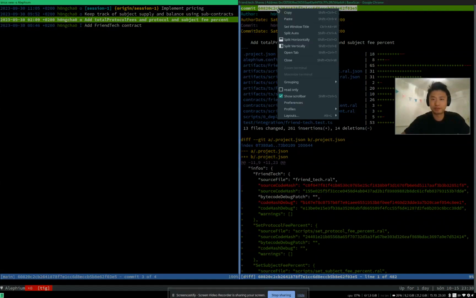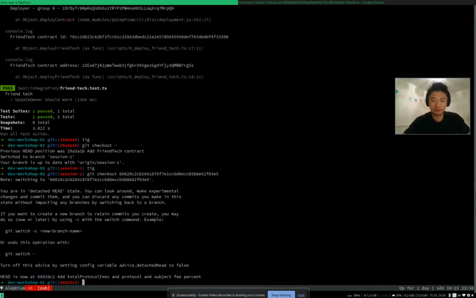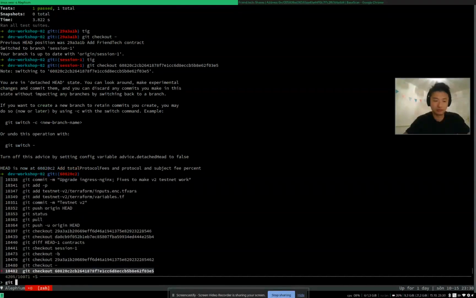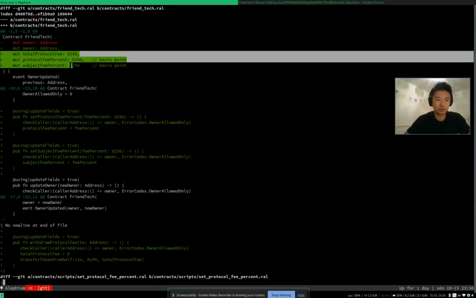What do we have here? So if we look at the diff, other than the owner, it introduced 3 more readable fields.